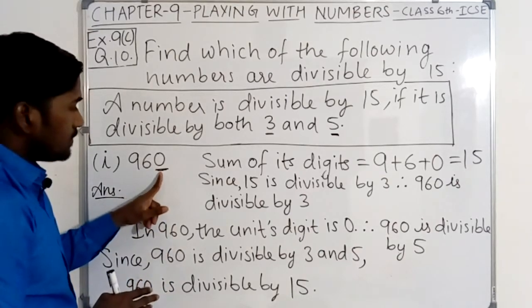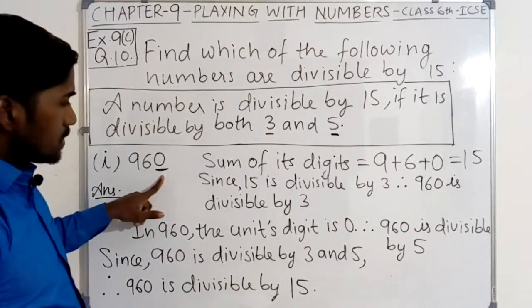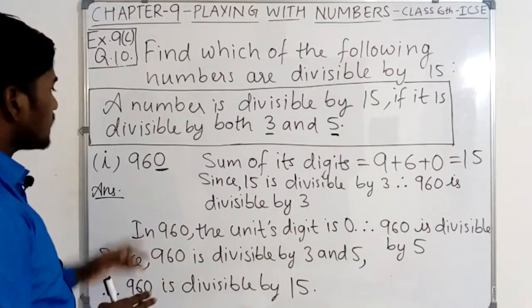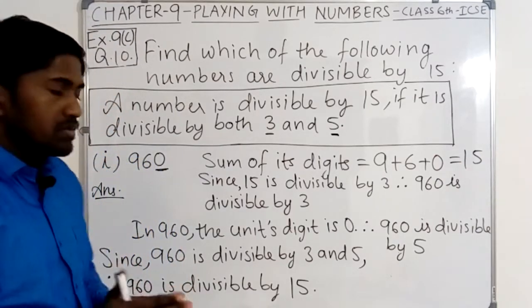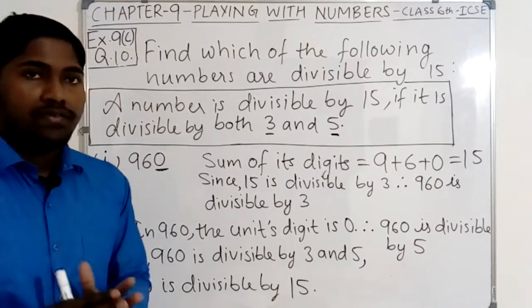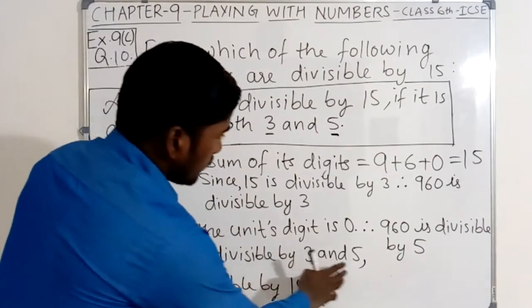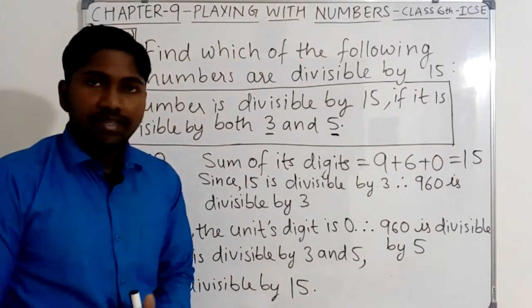Or if there is 5, then also this number is divisible by 5. So if it is 0, it means 960 is divisible by 5. So it is clear that 960 is divisible by 3 and 5. So that means this number is divisible by 15. Since 960 is divisible by 3 and 5, therefore 960 is divisible by 15.